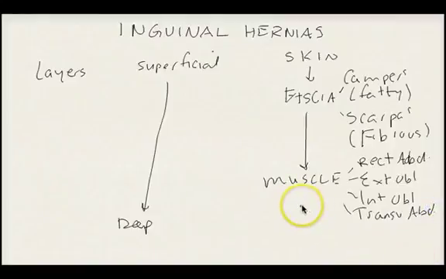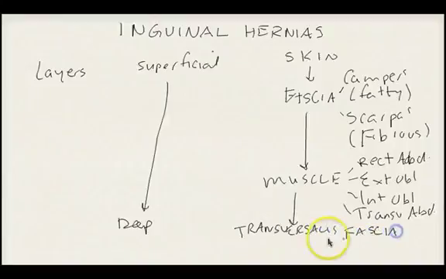Deep to the muscle, we have transversalis fascia, and then below that we have the peritoneum. So that's just a look at the layers of the abdominal region from most superficial to deep.